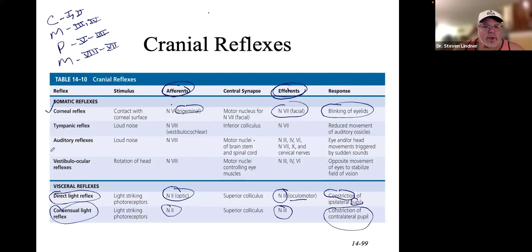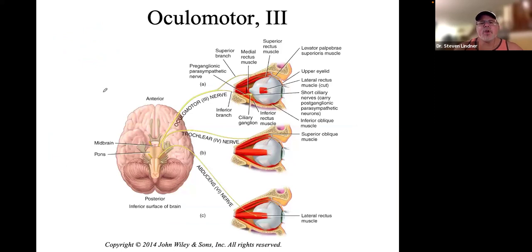Okay, so those are the main reflexes there that I want you to be familiar with. We already covered cranial nerve 1 and 2 when we did the cerebrum, right? So cranial nerve 1 was olfactory, and that deals with the sense of smell. So you would hold something under the person's nose, and with their eyes closed, you would ask them if they can identify that smell.